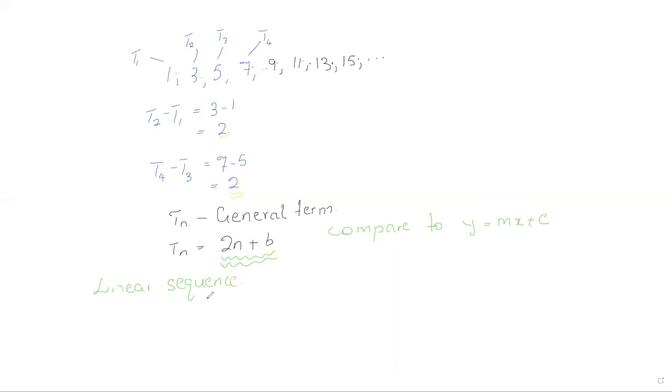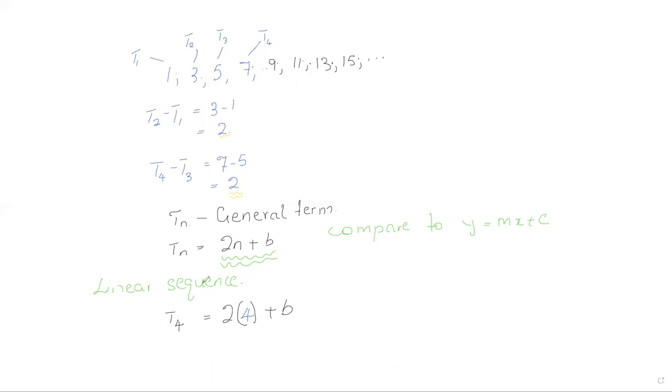Now, if you look at the sequence 1, 3, the third term is 5, the fourth term is 7. So if I remove the n there and put a 4, where I see n, I should put the 4: 2 times 4 plus b.